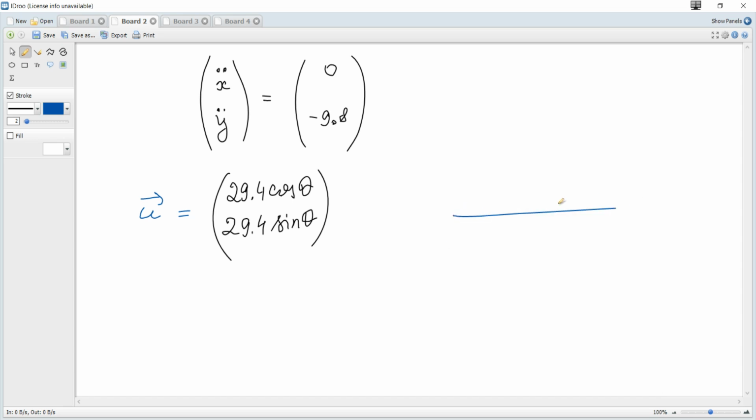And it's quite clear because there is some vector of the initial velocity at angle theta, and you may deduce that the magnitude of the initial velocity is 29.4. Its horizontal component is cosine, vertical is sine.